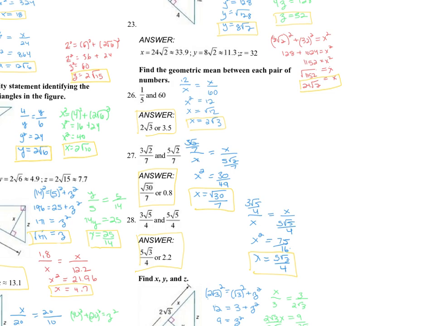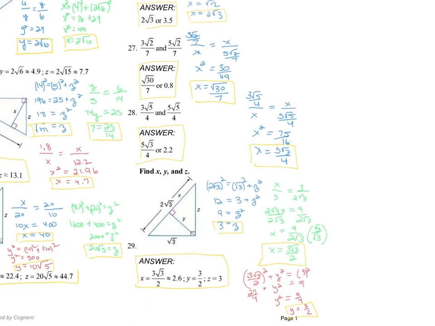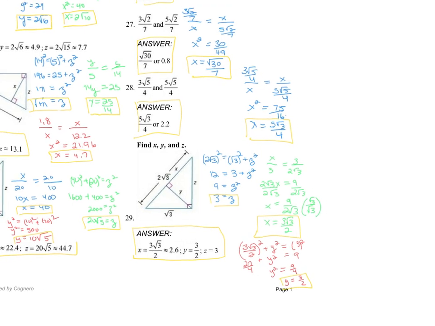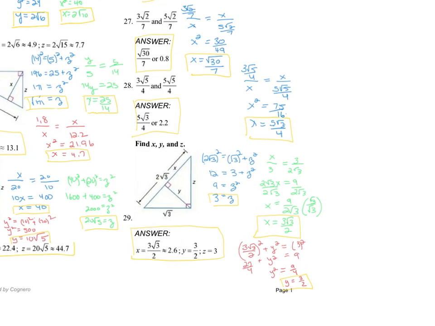Okay, if we look at the next one here, number 29, we're back to finding x, y, and z again. And so first thing I notice is that if I look at the large triangle here, I know the hypotenuse and I know the leg, and so therefore I could find the other leg by doing Pythagorean theorem.